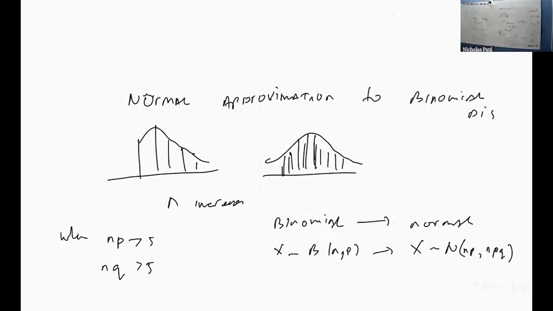But here's the tricky thing. The big problem now that we have to cater for is this. Really important: what type of distribution is the binomial?